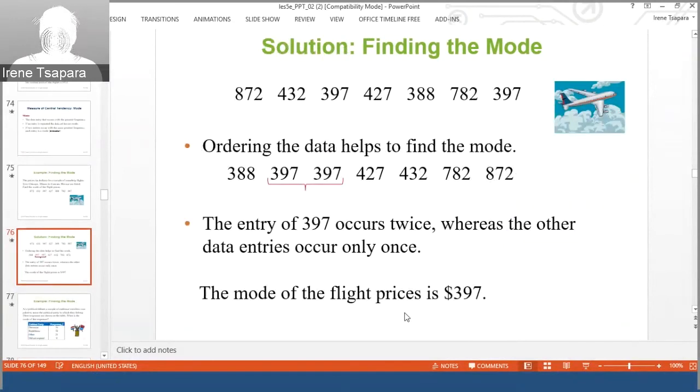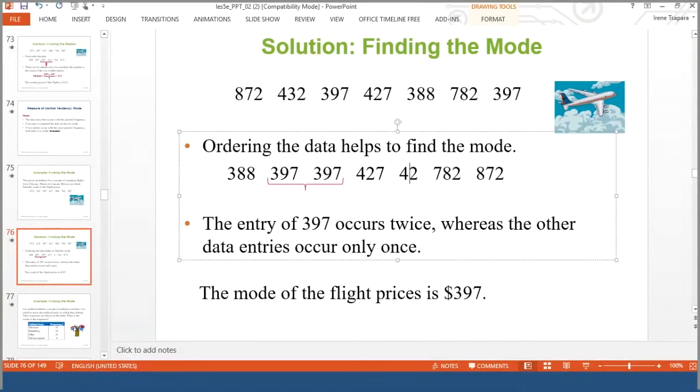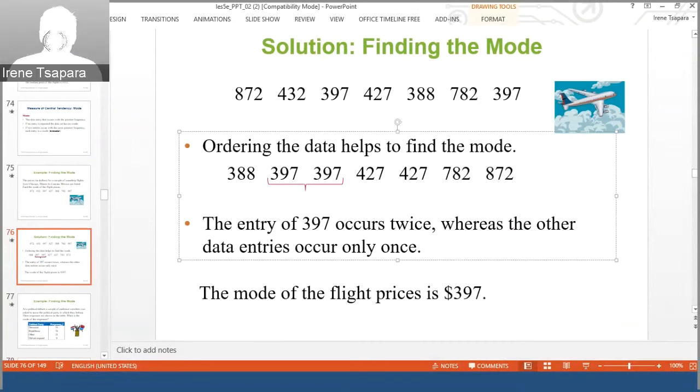But if you have a situation like this, where you have 397 twice and 427 twice, Excel is going to give you the data point that appears first in the data, and it will show it as unimodal, as one mode. So be very careful how you handle mode with Excel. In R, we don't have any problem with that.